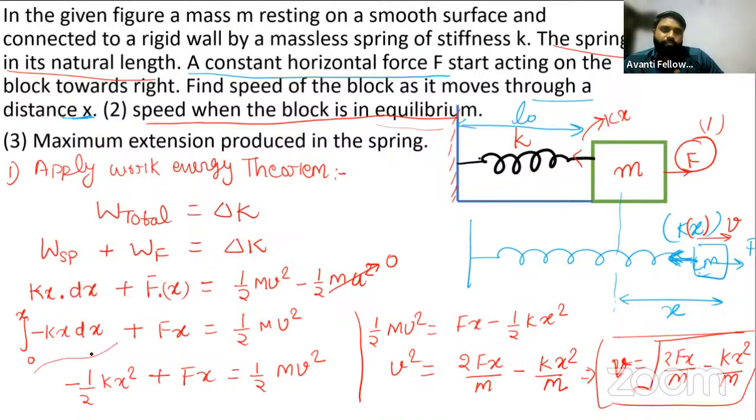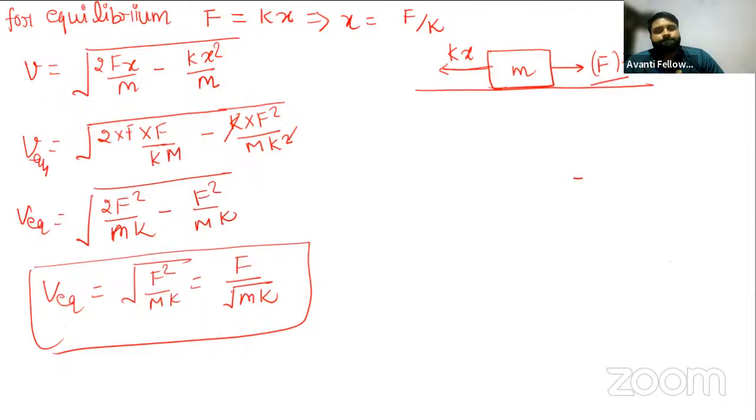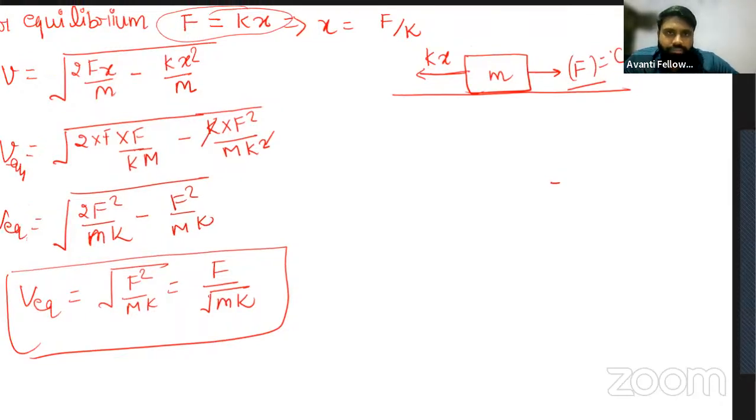Just remember the spring force work done is to be calculated by the integration process because it is a variable force. But when you have been asked the velocity at equilibrium, or any situation for equilibrium, you just have to equate the forces. Okay, you just have to equate the forces.